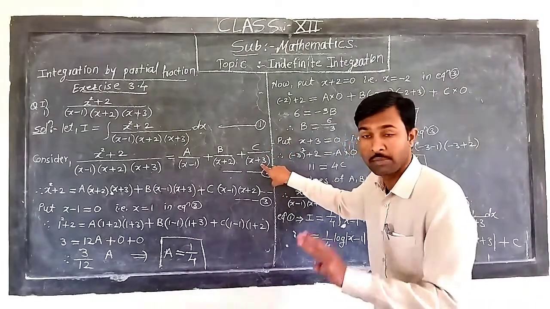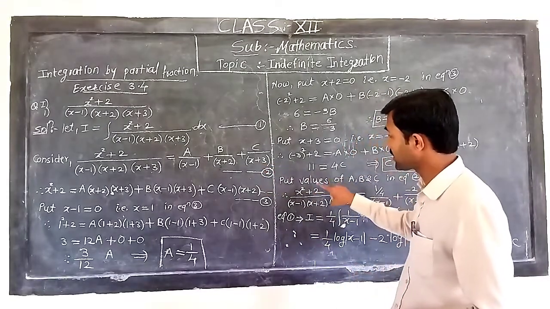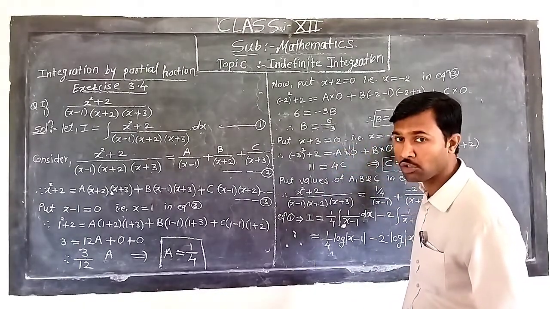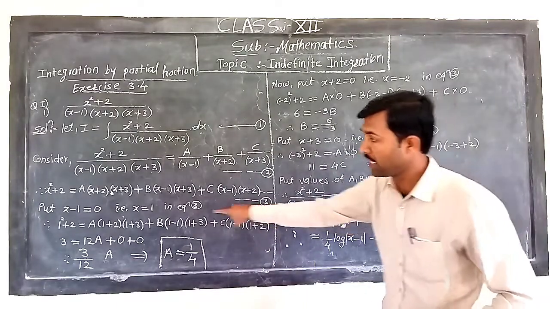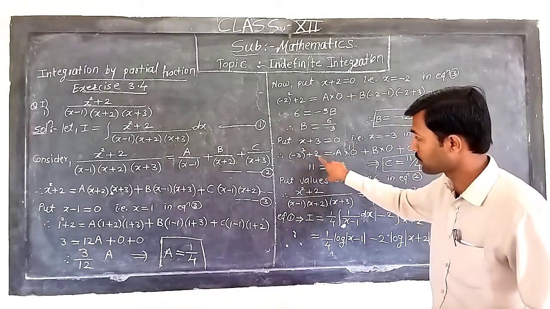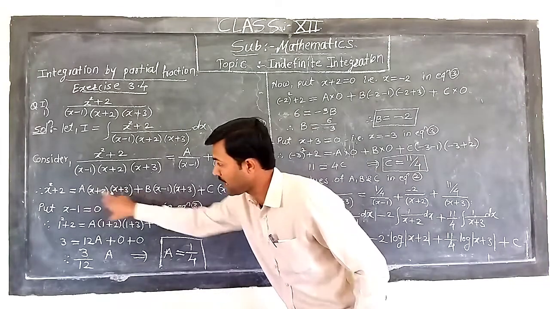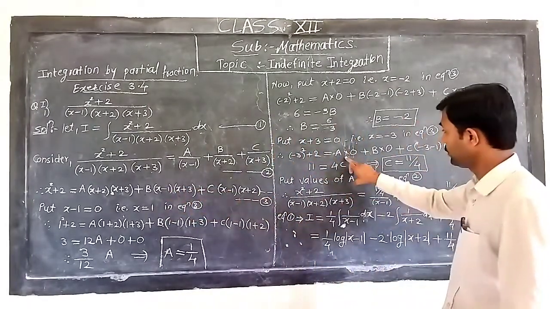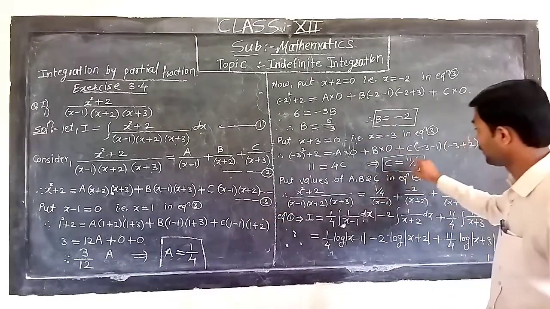The term below c, or in the denominator of c, is x plus 3, which is linear, so put x plus 3 equals 0 directly. It means that x is equals to minus 3, and we have to put this value in equation number 3. So equation 3, x square plus 2, with x replaced by minus 3, is minus 3 square plus 2, equals a into, here is the term x plus 3 which is 0 now, so a into 0, plus b into, here is again x plus 3, so b into 0, plus now c into minus 3 minus 1 into minus 3 plus 2.